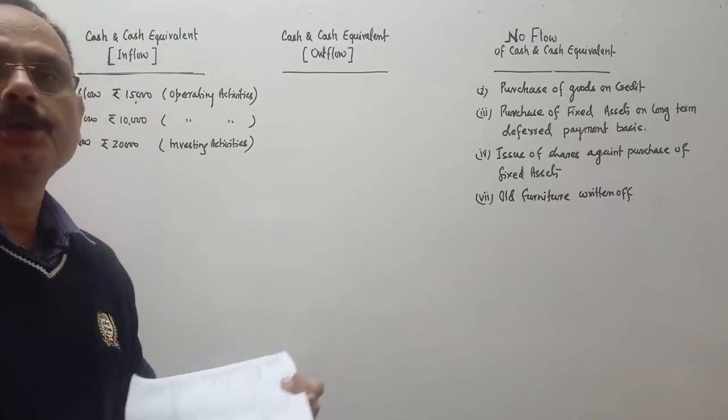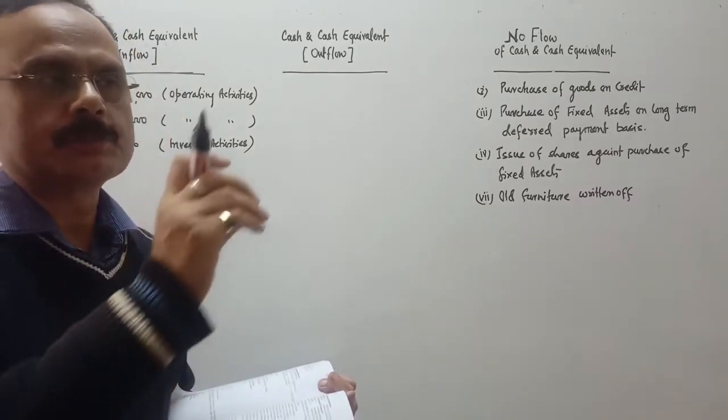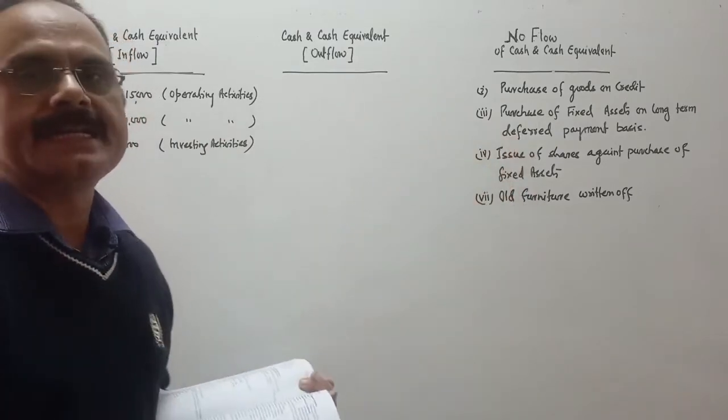Next is bills receivable endorsed to trade payables. It is also no flow of cash because bills receivable is endorsed to the creditors.